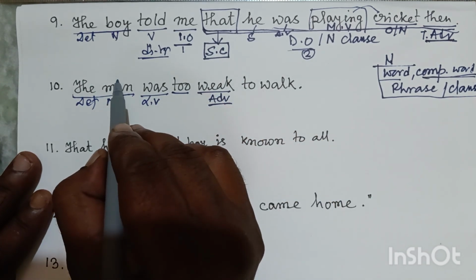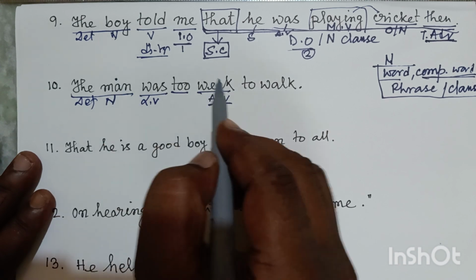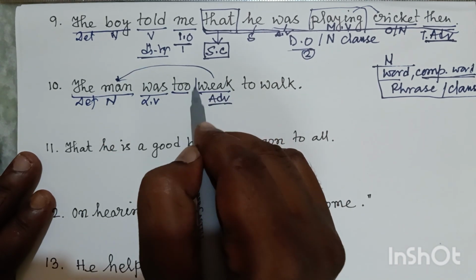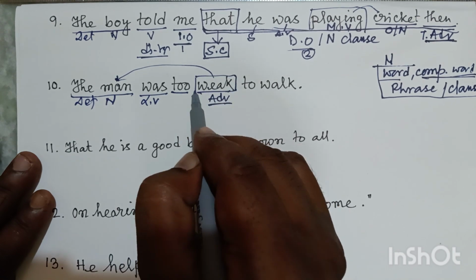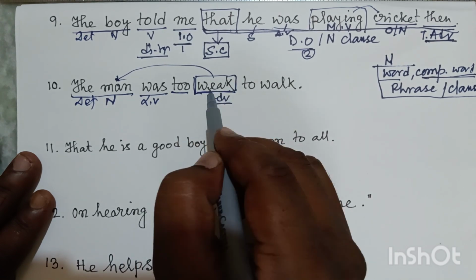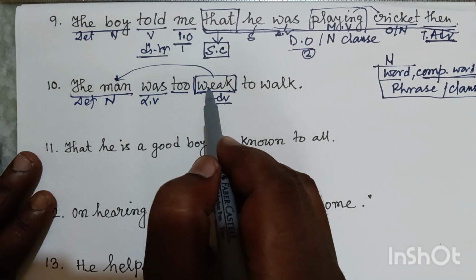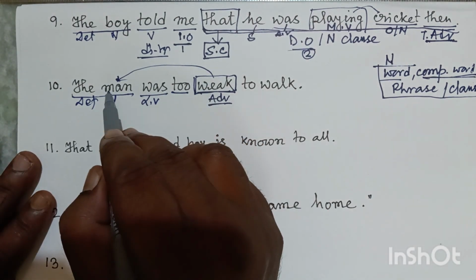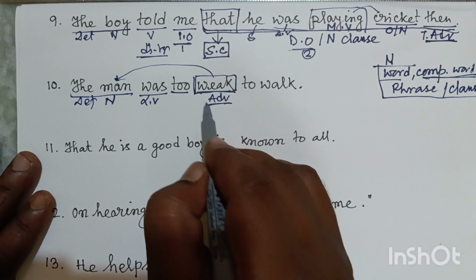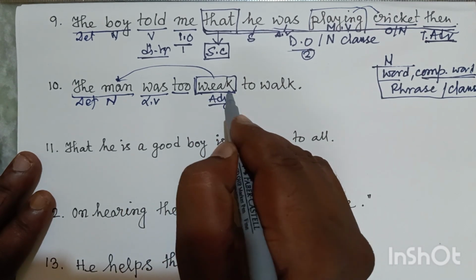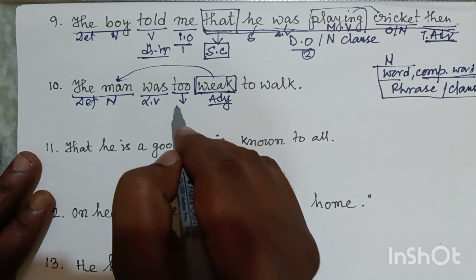Actually, this word is describing the man. The man is weak. Weak means the person who is not strong, the feeble person. So obviously the person is weak. So it is an adjective, and these two are adverbs.